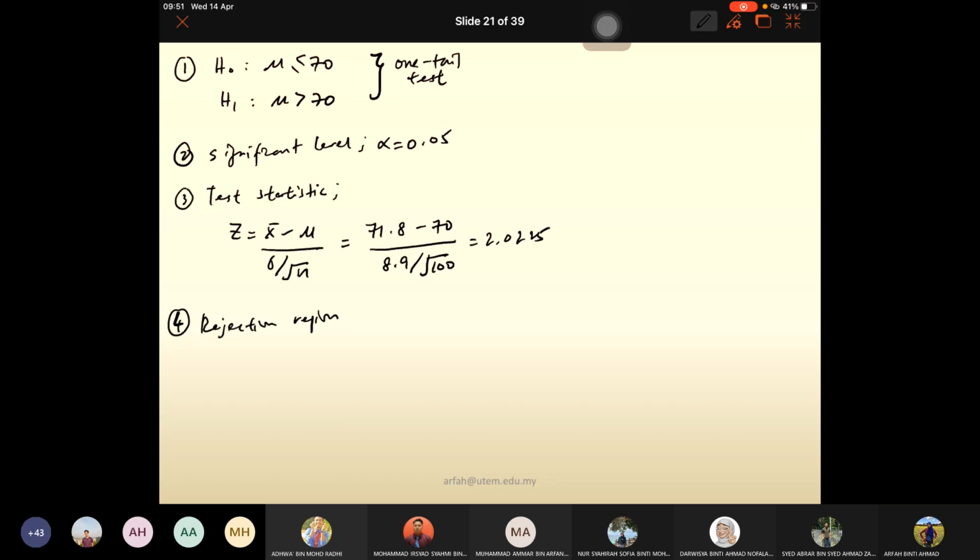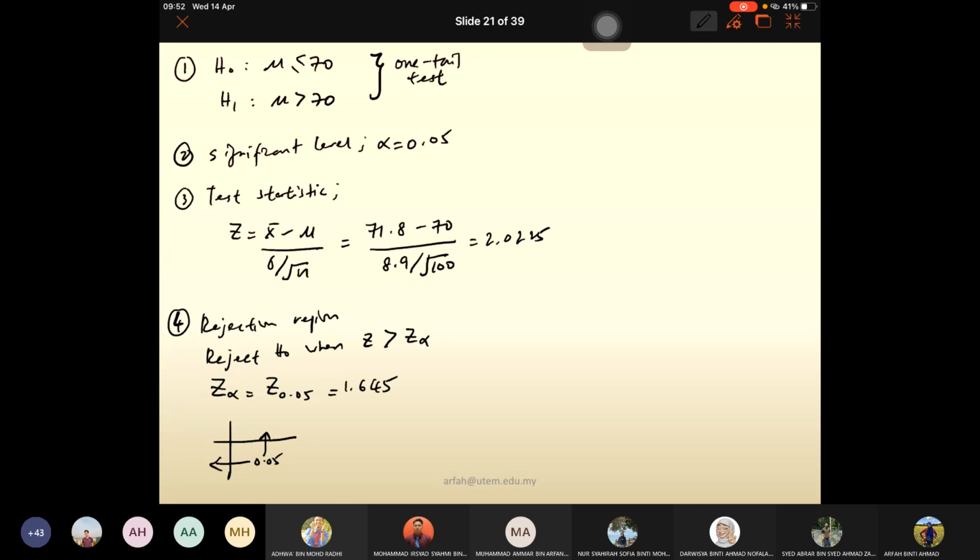Okay, so reject H null when Z greater than Z alpha. So Z alpha equal to Z 0.05. So take a look from the table, 0.05 you will get 1.645.